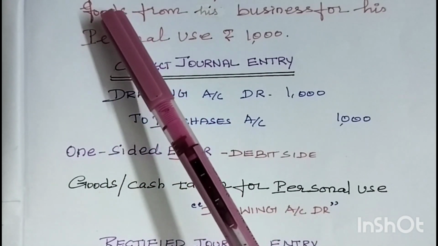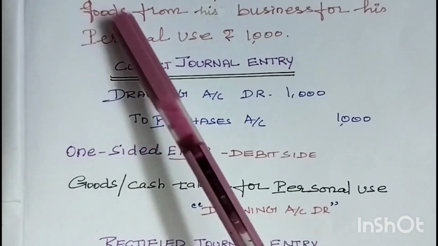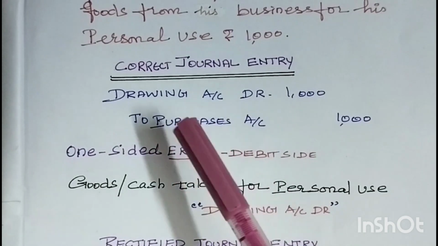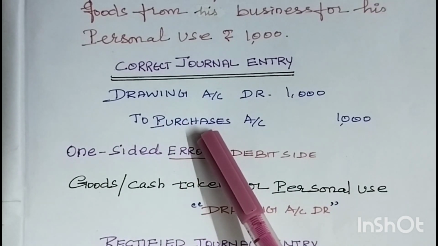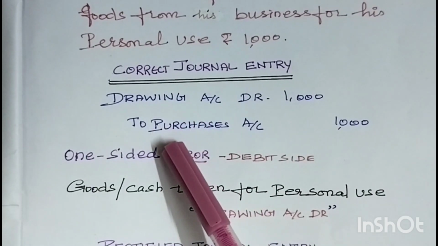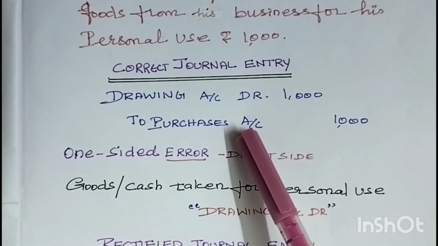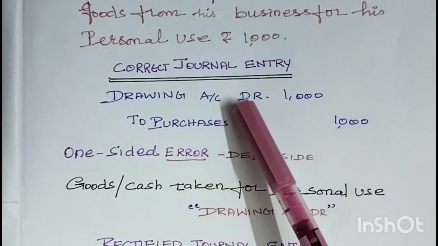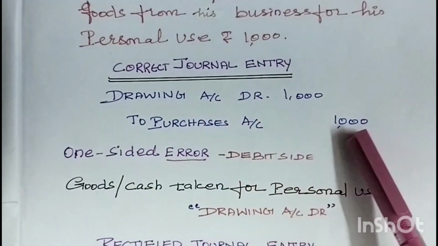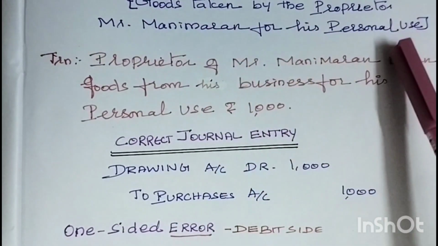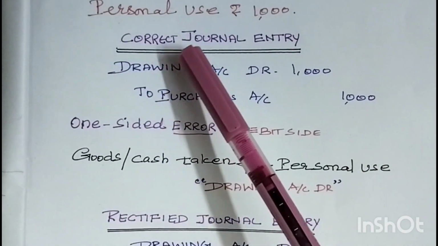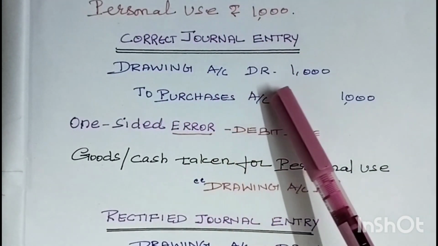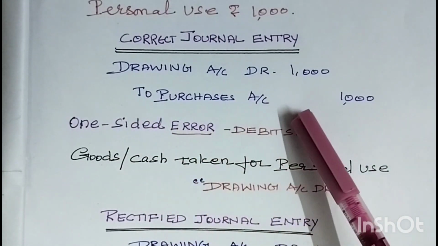When you take goods from your business, purchases account is to be credited. So, the correct journal entry is drawing account debtor 1,000 rupees to purchases account.